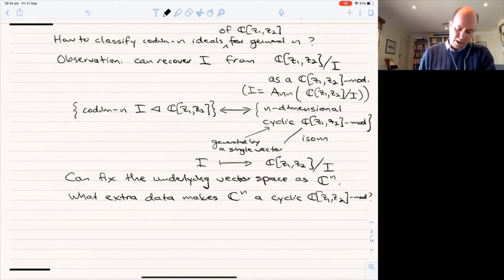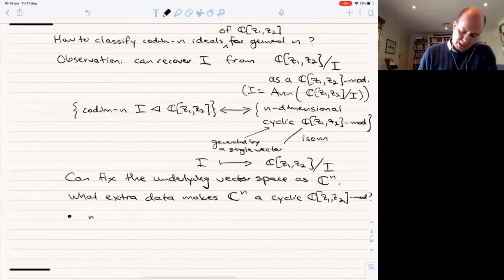First, you have to define the C Z1, Z2 module structure. That means you need a way for Z1 to act and a way for Z2 to act. Those are just going to act by linear transformations on Cn, in other words by n by n matrices.